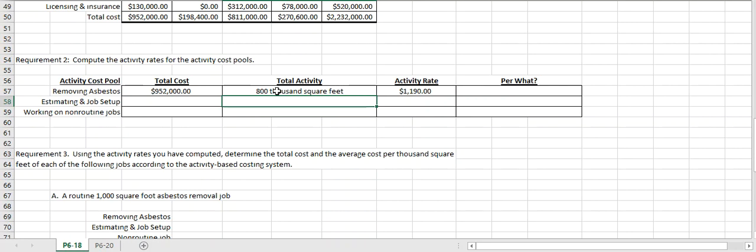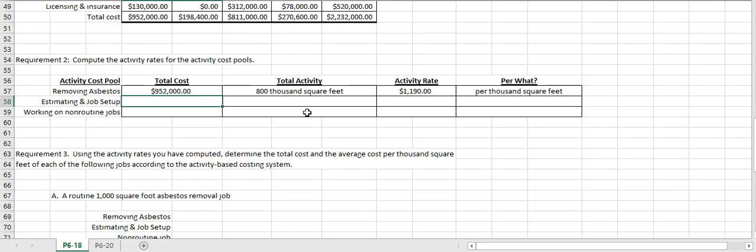So for every 1,000 square feet we do, removing asbestos costs us what? If we take the $952,000 and divide it by 800, which is the number of units of 1,000 square feet that we have, we get an activity rate of $1,190 per 1,000 square feet. That's just the way they've got it set up to cost it out, by each increment of 1,000 square feet.